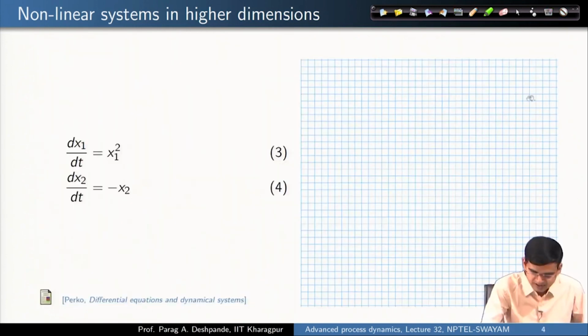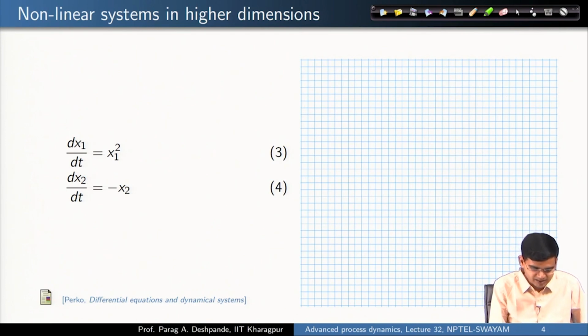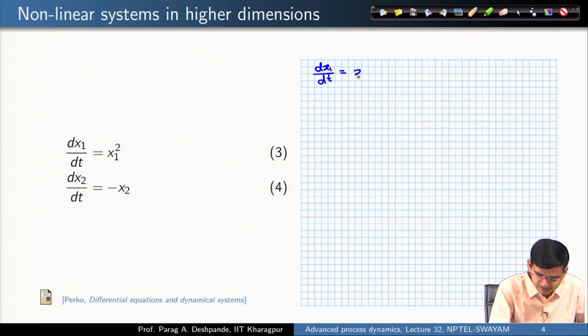Now, I have another case where dx1/dt is equal to x1 squared and dx2/dt is equal to minus x2.